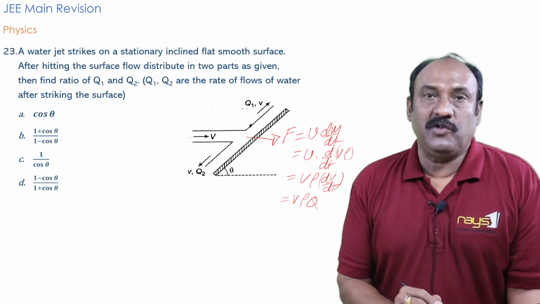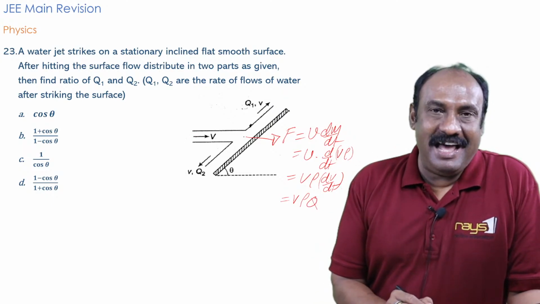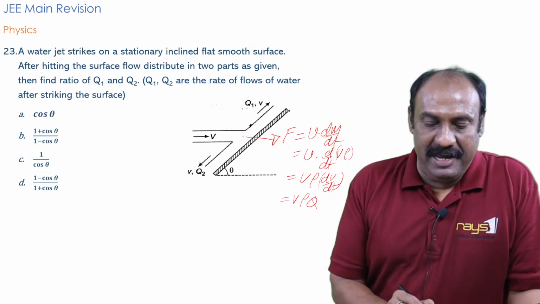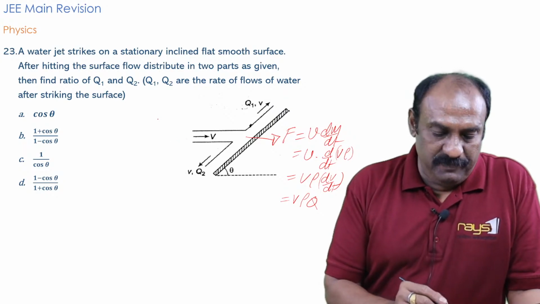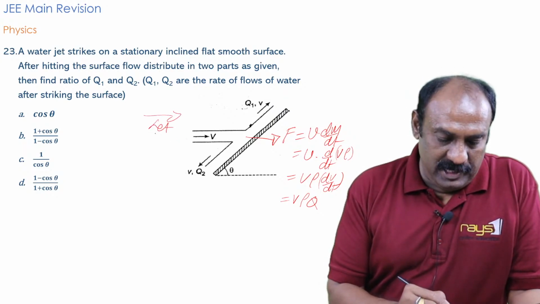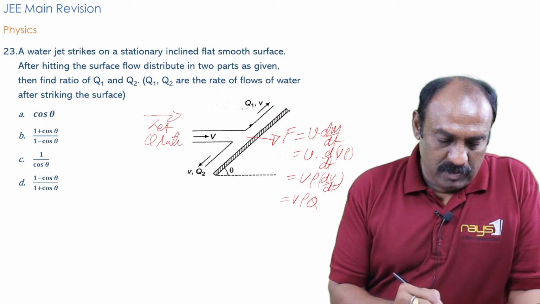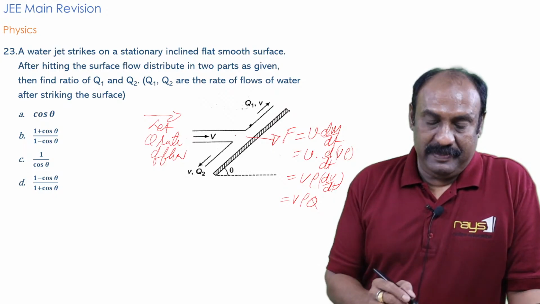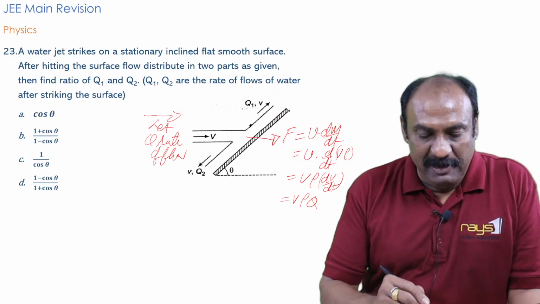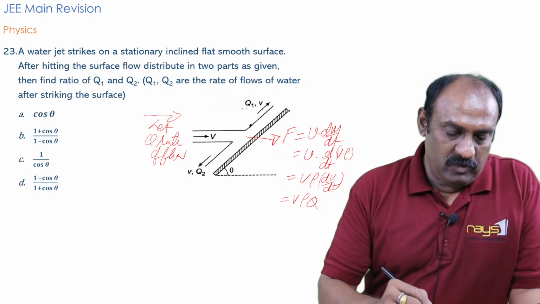So with what force does this water jet strike the smooth inclined plane? V rho into Q, where Q is the rate of flow of water at which it strikes the smooth inclined plane. Then this jet splits into two parts.